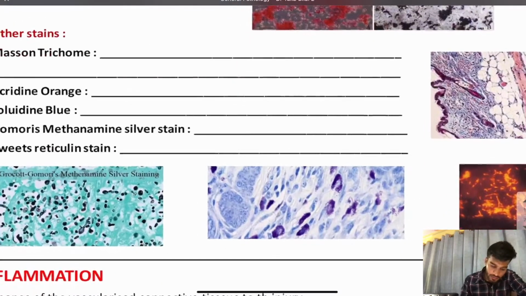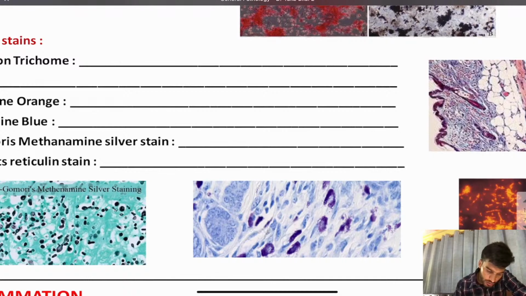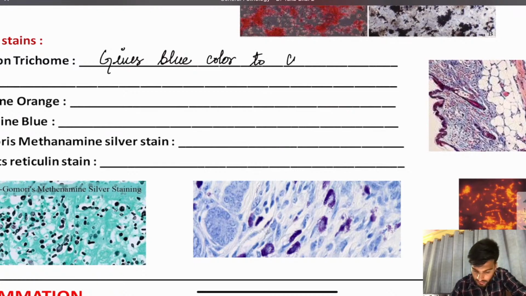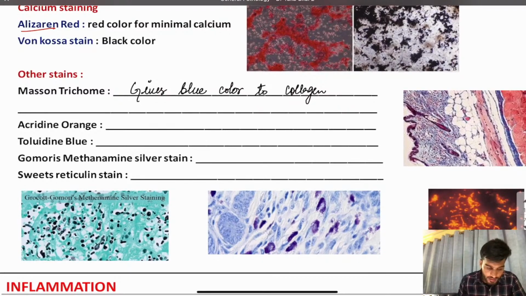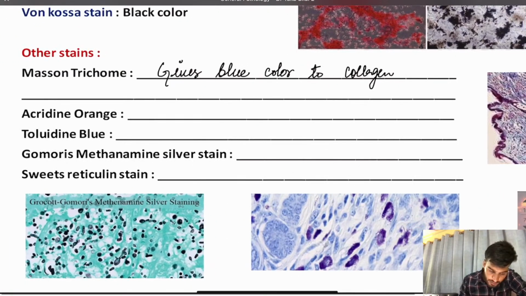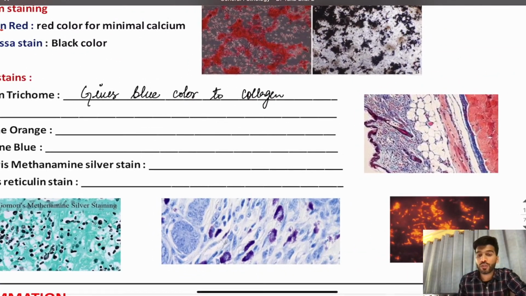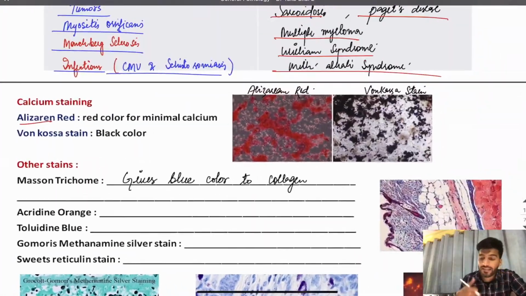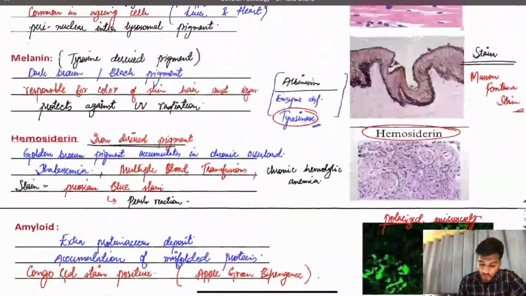The other stains, guys, we have Masson trichrome. It is for collagen, and it gives a blue color to the collagen. Write it down, guys. It's used to confirm fibrous tissue or collagen deposition in the tissue. So which stain is used to check collagen, guys? It's Masson trichrome. Don't mix it up with Masson Fontana, guys.